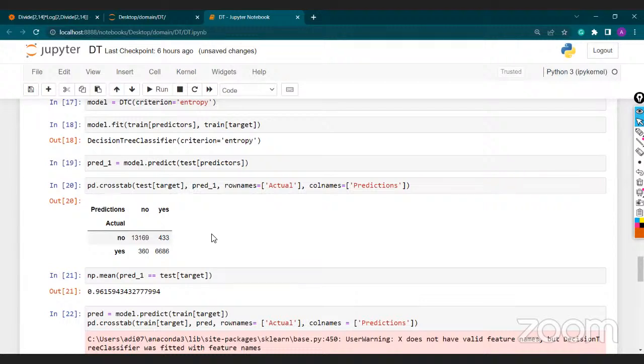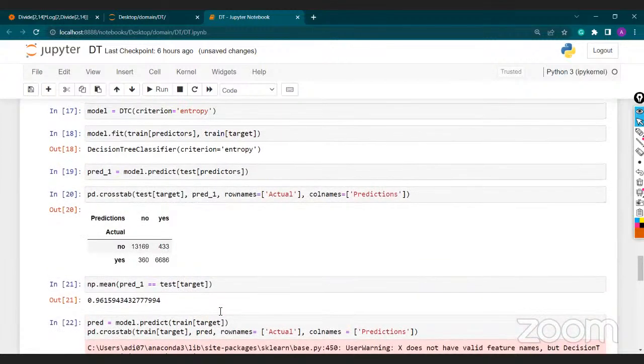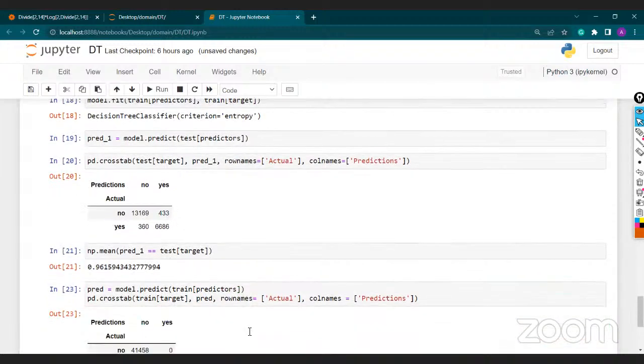Mistake we make. Predict. Here we have to predict using the predictors. We have to specify the predictors and it will make some predictions based off of that.